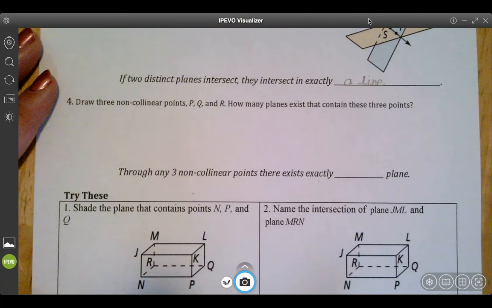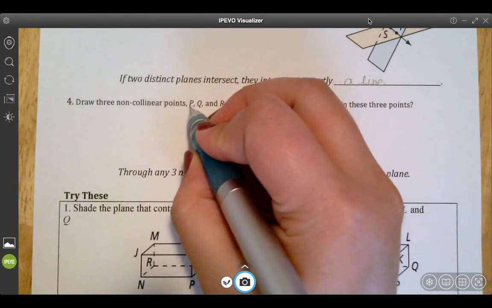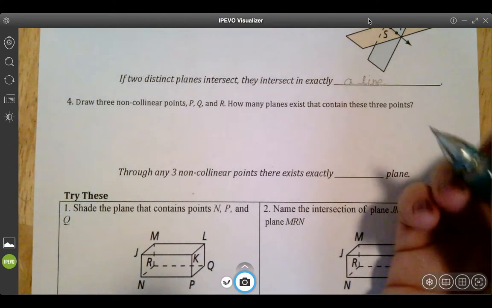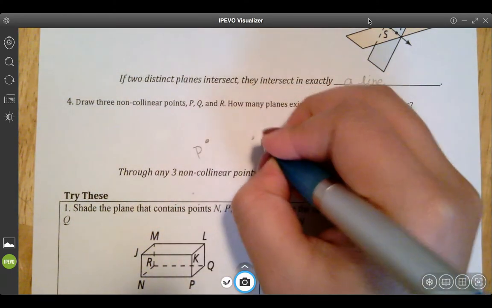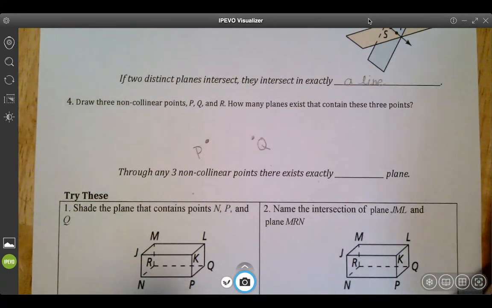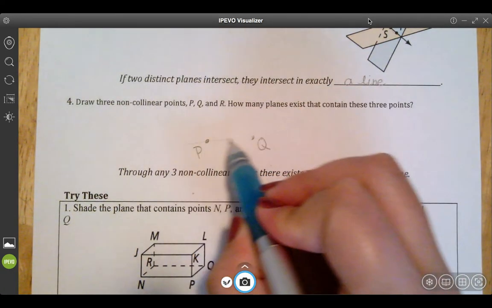So part 4, draw 3 non-collinear points, P, Q, and R. How many planes exist that contain these 3 points? So I want 3 points that don't make a line. Well, any 2 points make a line, so it doesn't matter where I put P and Q. But I want the third point not to be on this line.